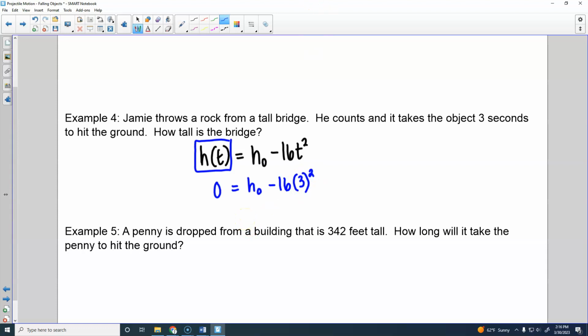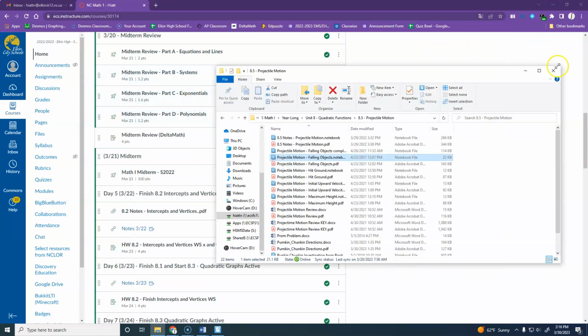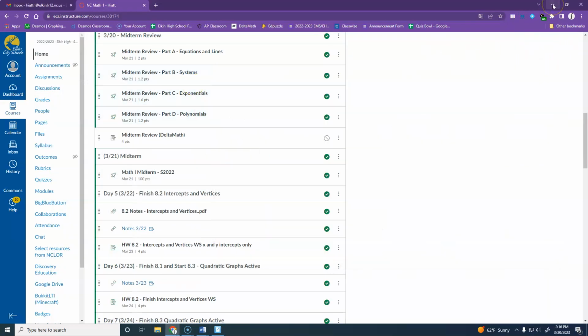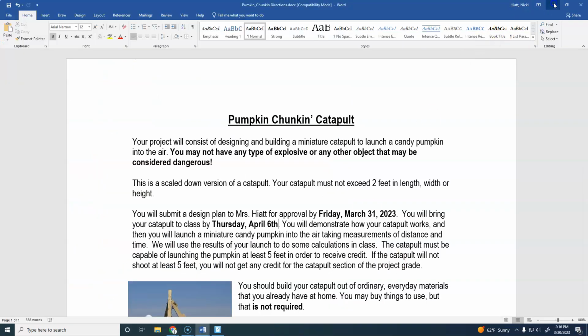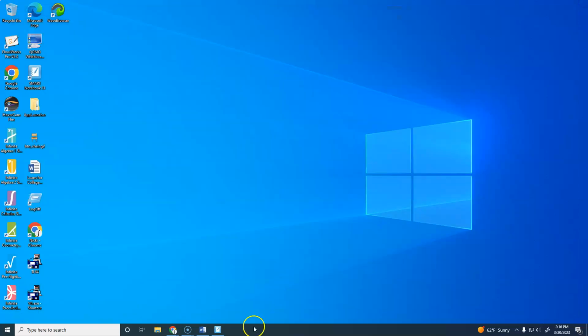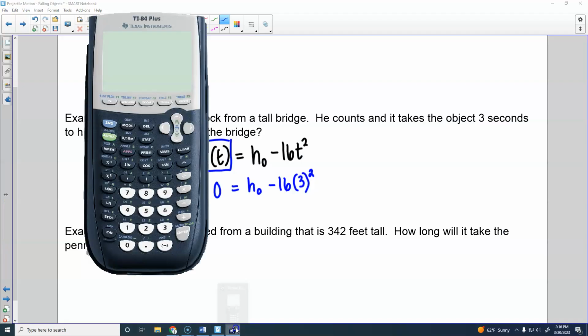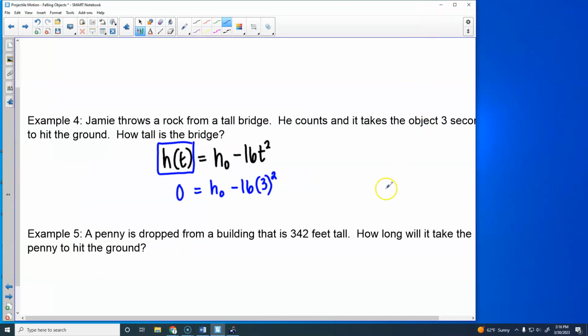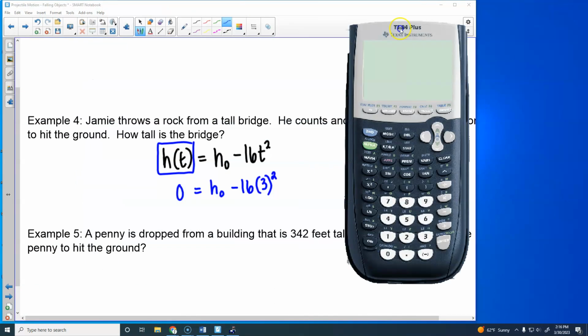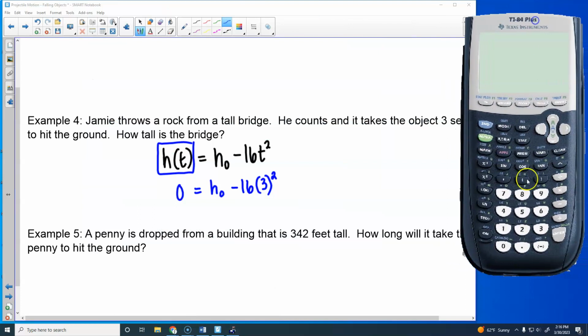So if we grab the calculator, and if you don't have yours, you don't have to get up to get it. You can use Desmos, because we'll need Desmos here in a minute. Good gracious, I got all this stuff open. It means something. It's either an x-intercept or a y-intercept or a vertex for that.